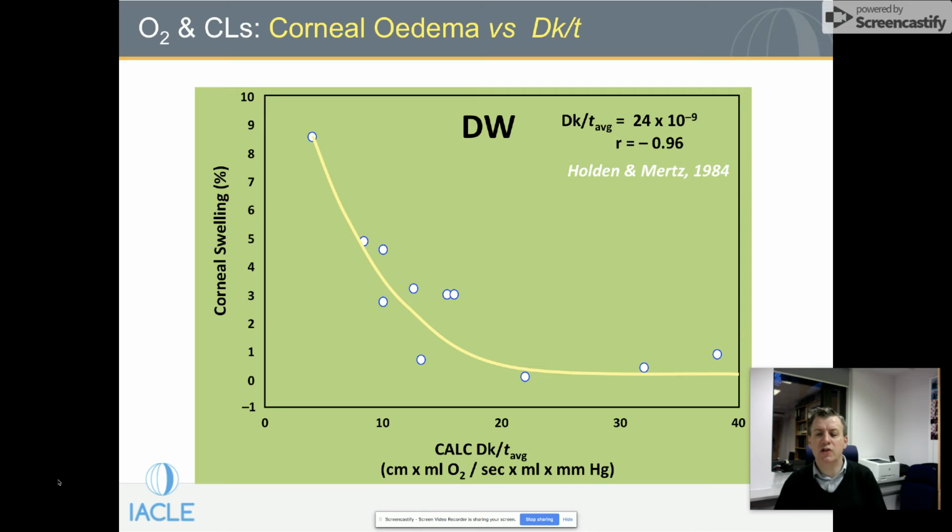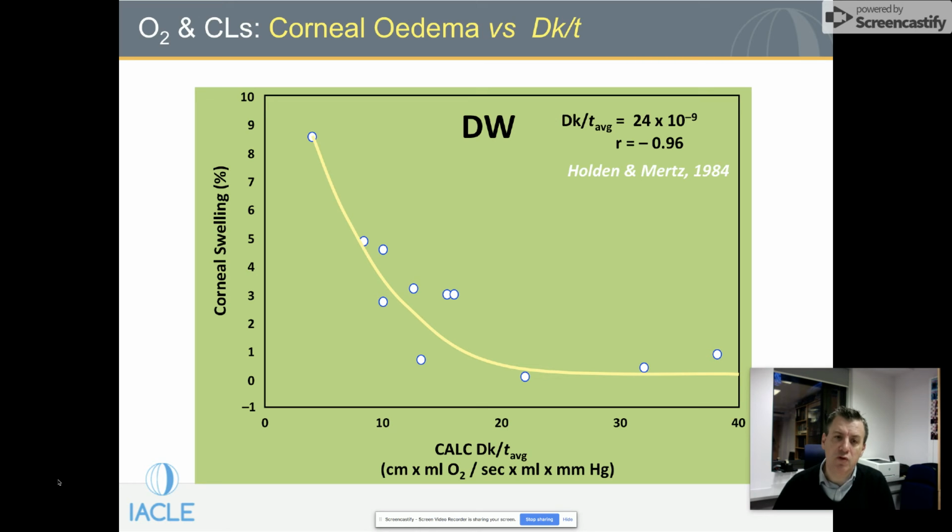An important question is what level of oxygen transmissibility is required for normal corneal physiology, and this is classically described here in the Holden-Mertz paper from 1984. In this work, they recruited a series of subjects and looked at the effect on corneal thickness during the day with different forms of contact lens, varying in their oxygen transmissibility characteristics, or their Dk/t.